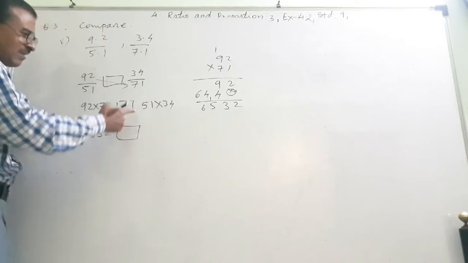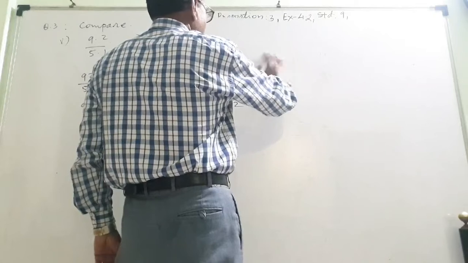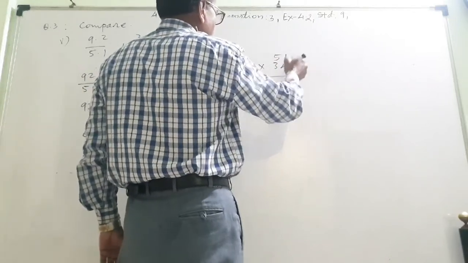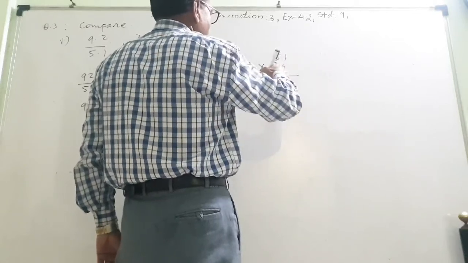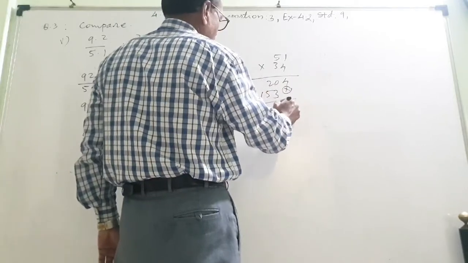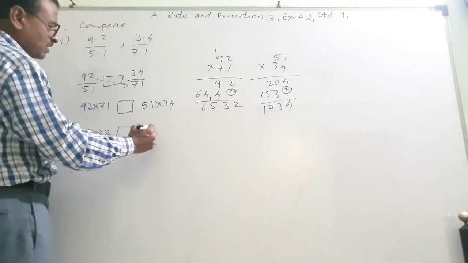Box. Now this multiplication, 51 into 34. 4 1s are 4, 4 5s are 20, 3 1s are 3, 3 5s are 15. 4, 3, 7, 1. So this is 1734.